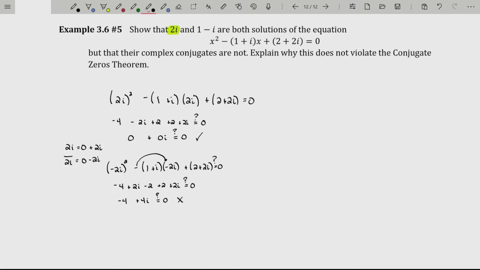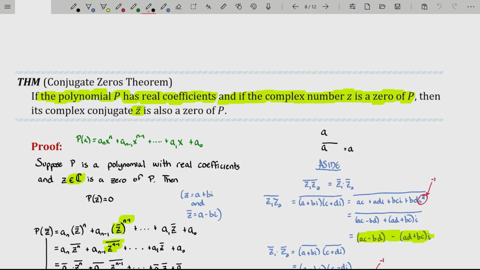But that's actually not what the conjugate zeros theorem says. Recall from our previous lecture, the conjugate zeros theorem says that if the polynomial has real coefficients. I made a big deal about it because it's incredibly important. You can use this theorem if your polynomial has real coefficients.